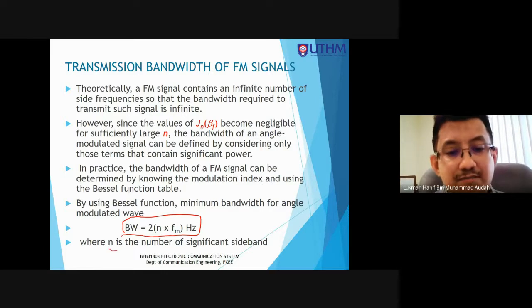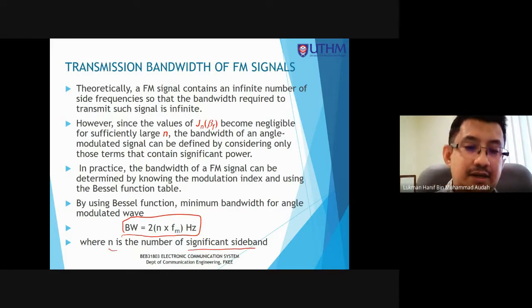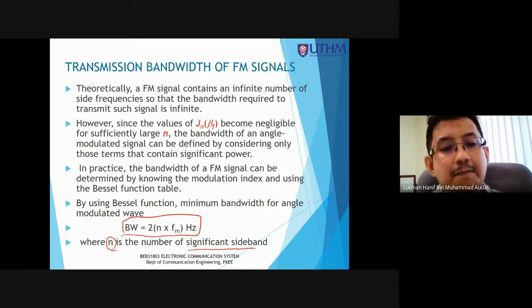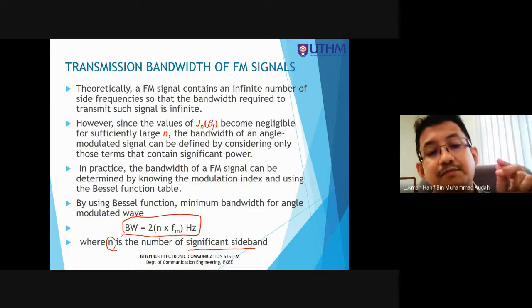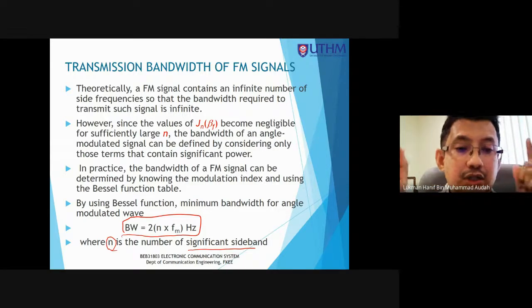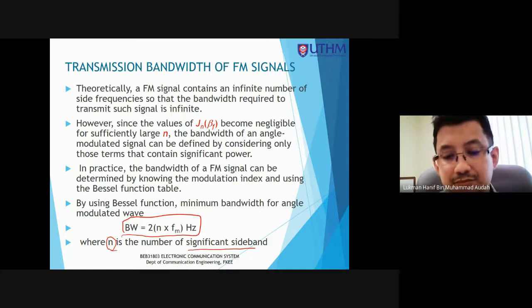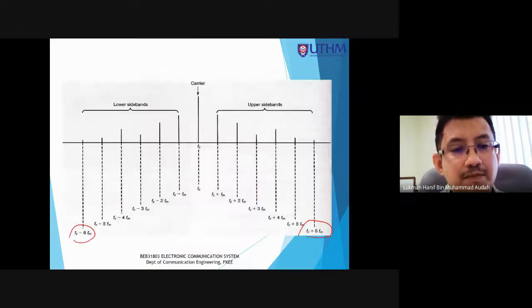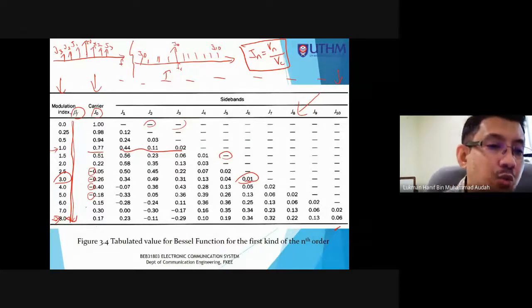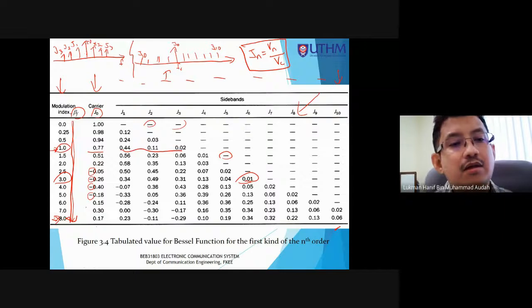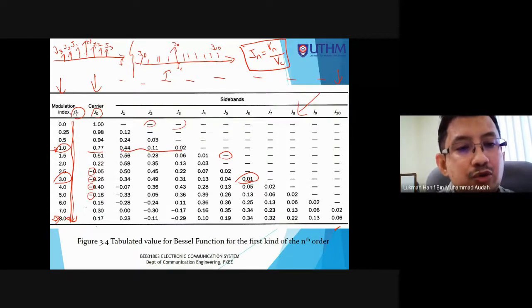Where N is the number of significant sideband. N di sini adalah bermaksud jumlah pasang sideband. Berapa pasang sideband. Okay, bukan jumlah sideband, dia adalah berapa pasang sideband. Contoh. Okay. So for beta F equal to 1, we gonna get up to 3 pairs of sideband.